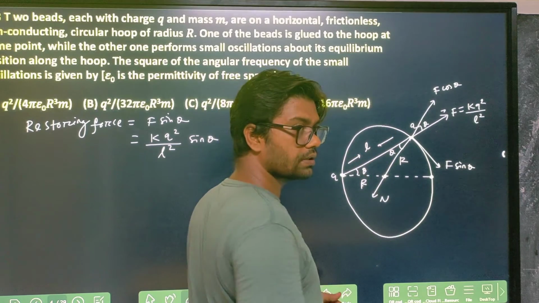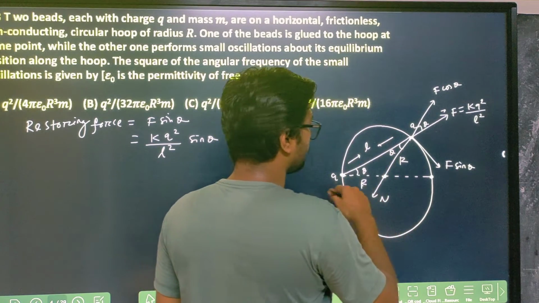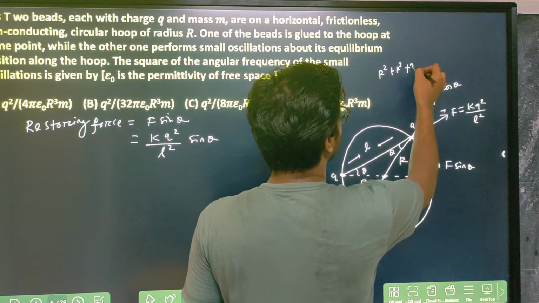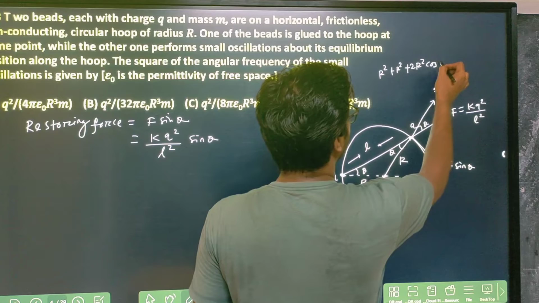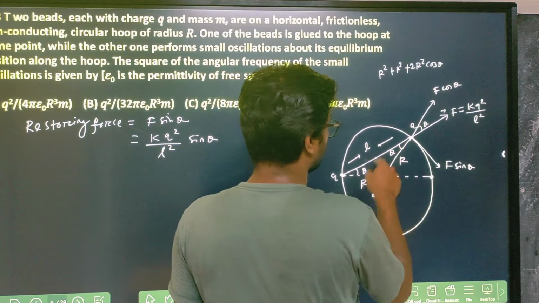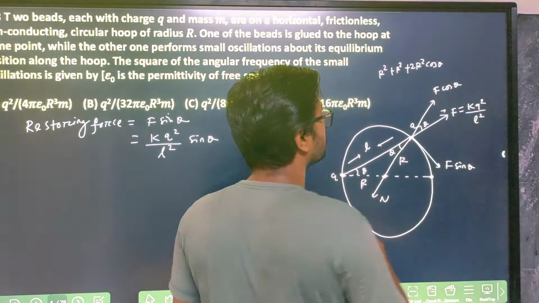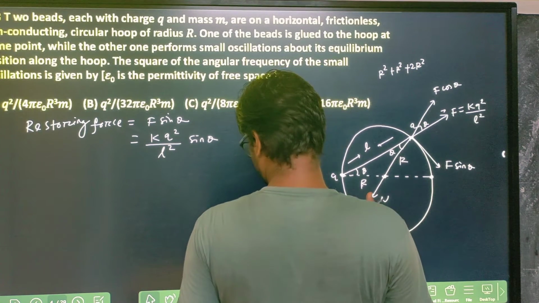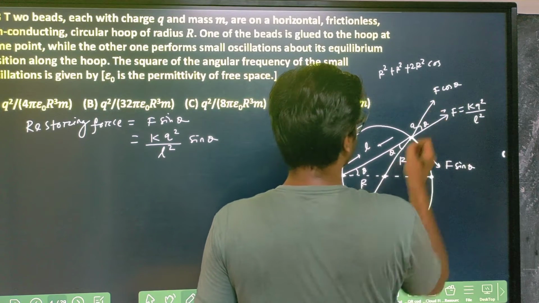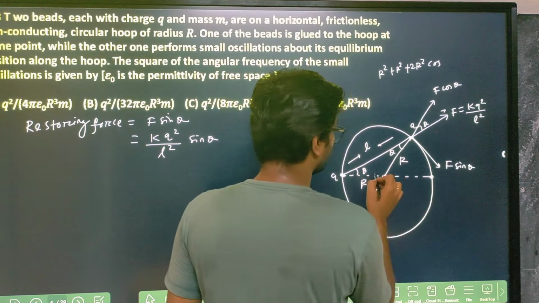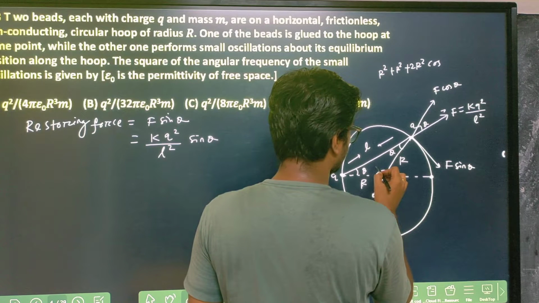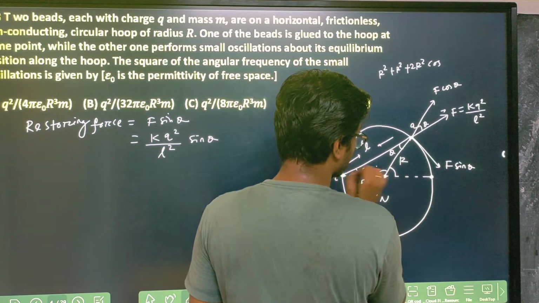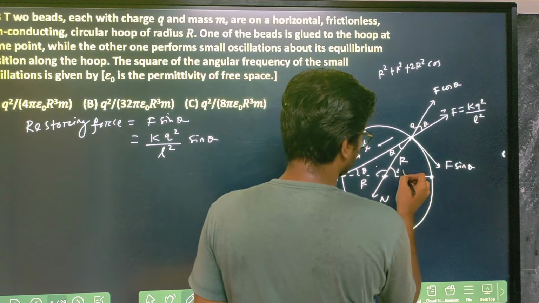Obviously this length will come as root over r square plus r square plus 2r square cos of, this will be pi minus 2 theta, right? If this is pi minus 2 theta, obviously this angle will be 2 theta.